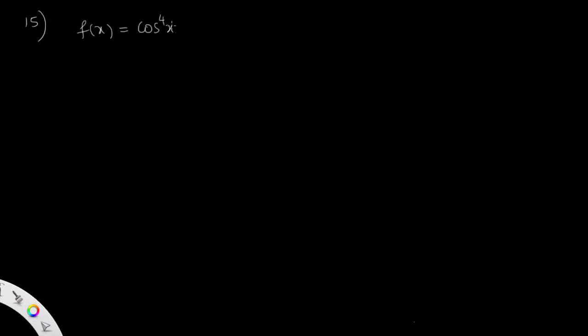Sine square x is even power, n equal to 2. So it goes to pi only. Just now we have completed: for sine power nx, cos power nx and tan functions, if n is even, the period is pi. This function is cos power 4x, so that is pi.